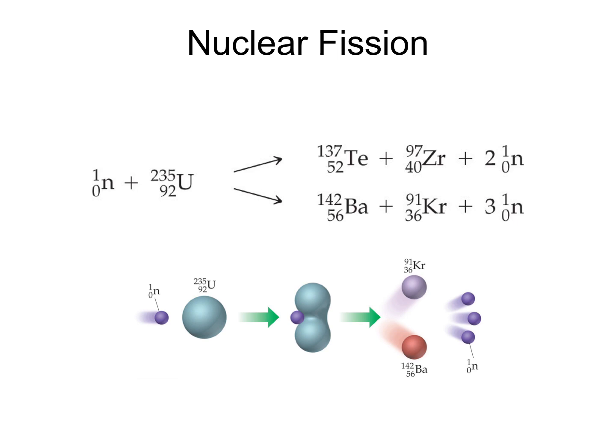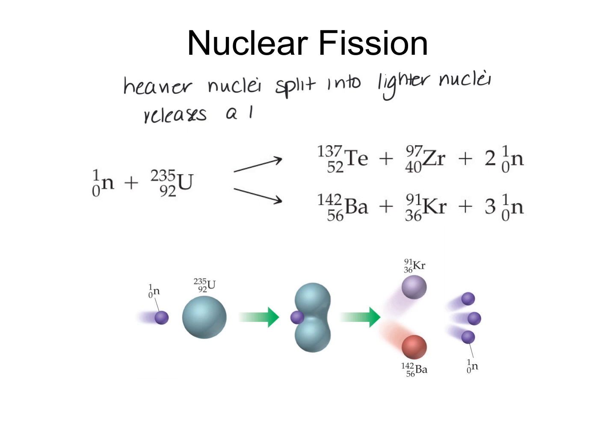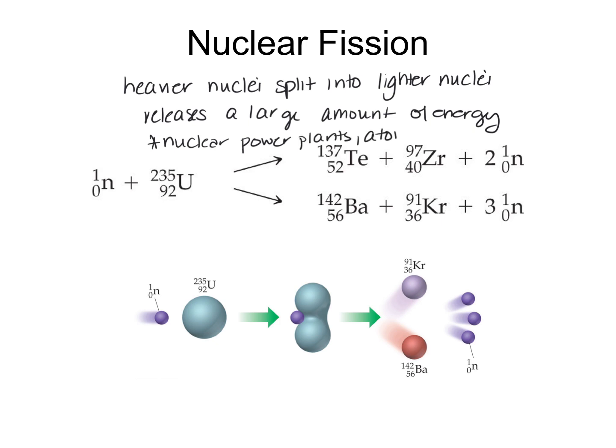In nuclear fission, heavier nuclei split into lighter nuclei, and this releases a large amount of energy, right? Its use, of course, is in nuclear power plants, and the atomic bomb.